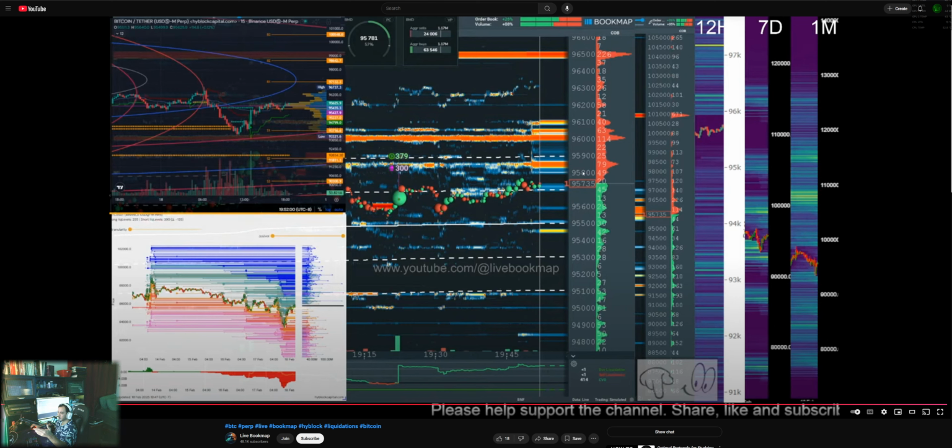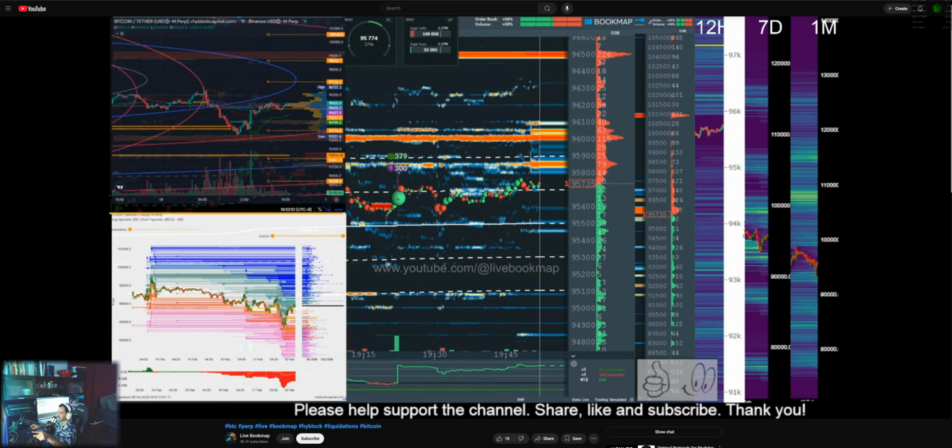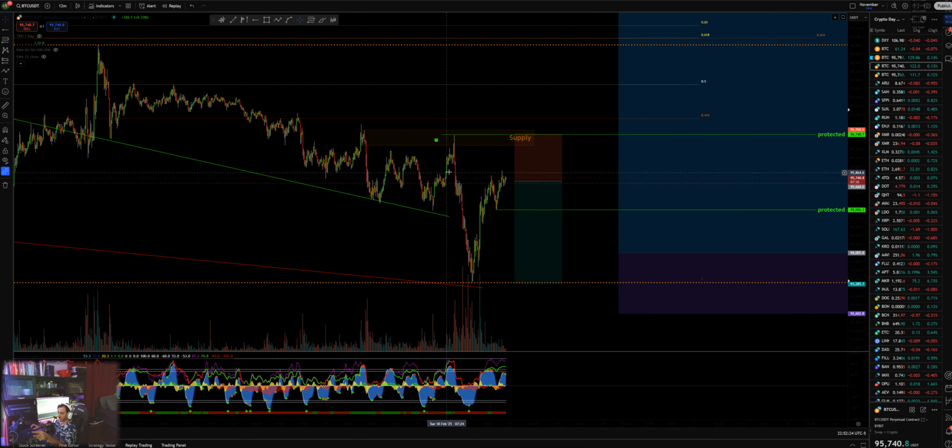For instance, right now we have a very consistent level of liquidity at 95,850 and 96 and 96.5. 95,850 is about right here, which coincides with where we're wicking and rejecting from, right? It's bouncing off of that order.